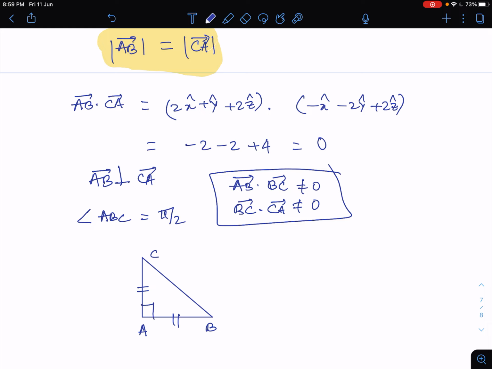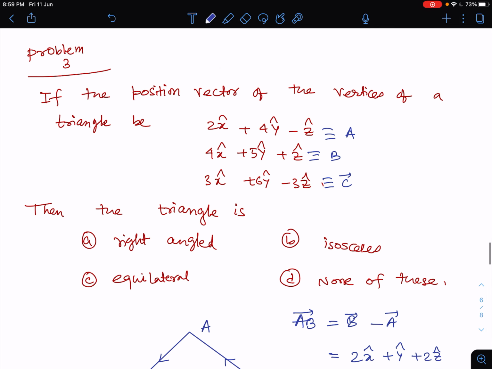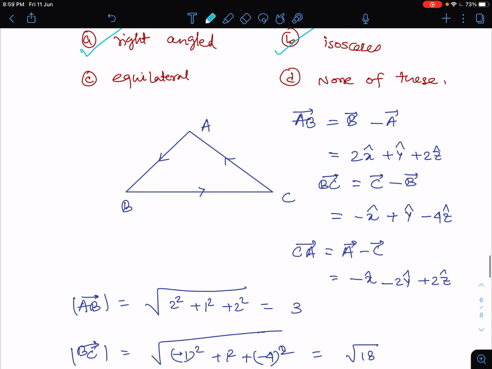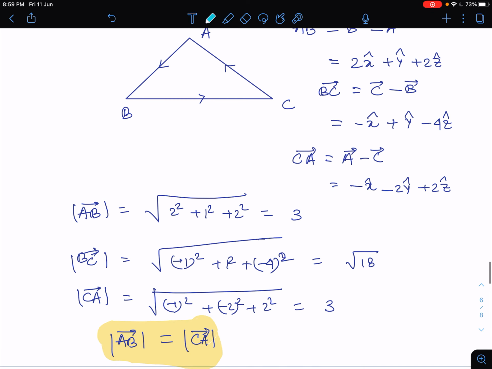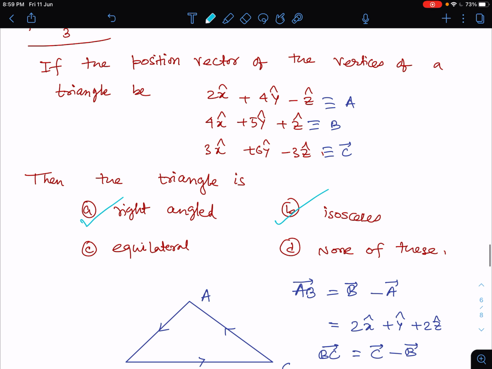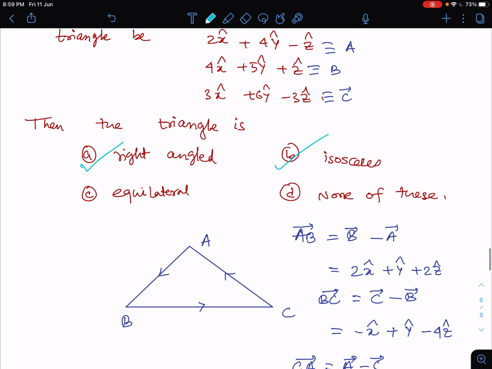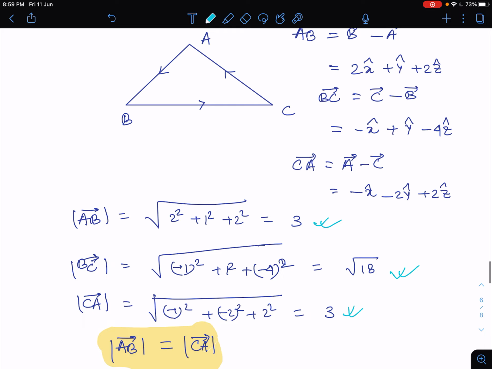So the triangle is both isosceles and right angled. So these two options are correct. Definitely these two sides are equal and different from the other, so this is definitely not equilateral. So these two options are correct.